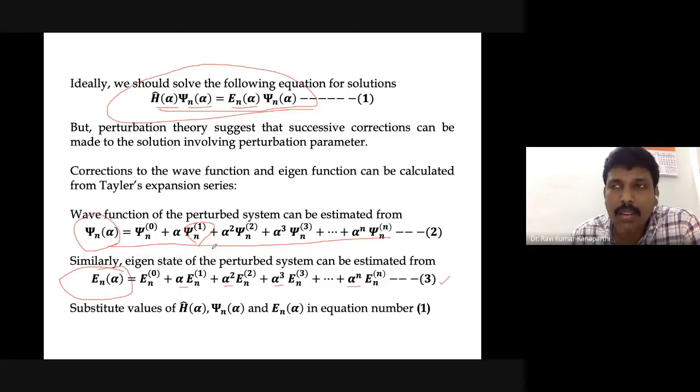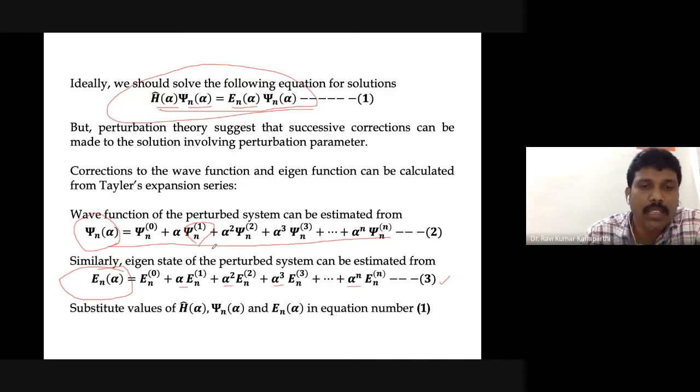What is 1 here? Here 1 stands for the first order correction to the wave function. Then the 2 indicates the second order correction.